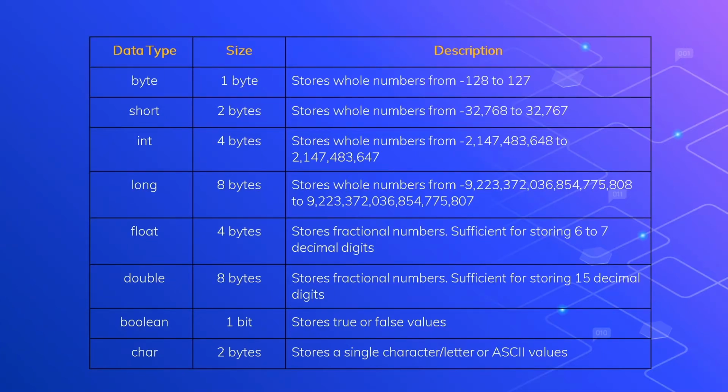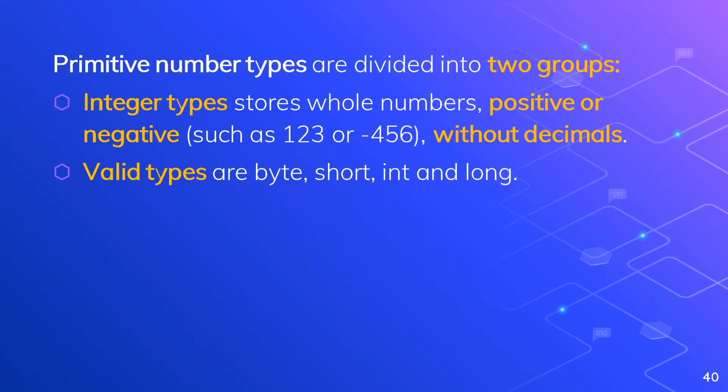Those are the data types that accept numbers. They are still divided into two groups. The integer types store whole numbers, positive or negative, without decimals. That's the first type of our primitive number types, the integer type.